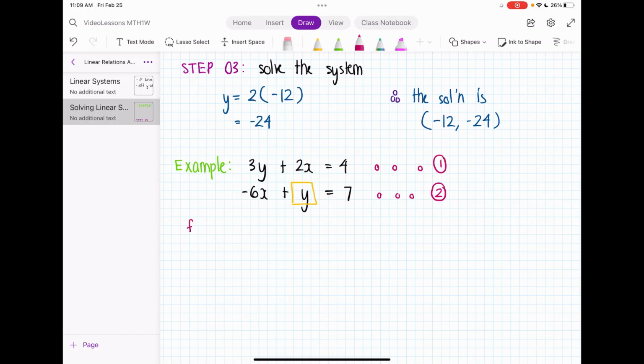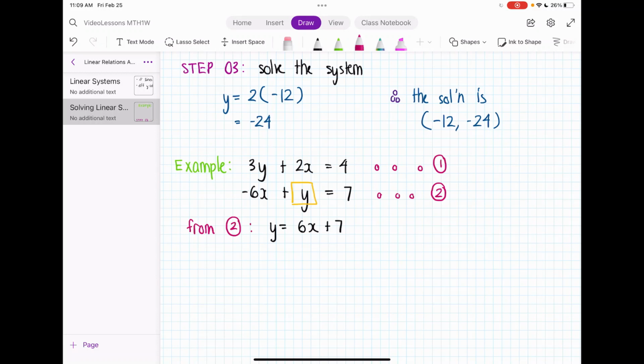So now what we say is from 2, because this is where it's coming from, y equals, and then this becomes 6x plus 7.